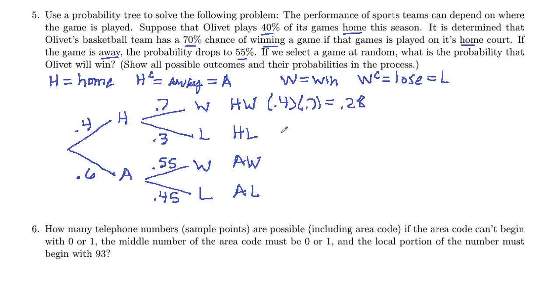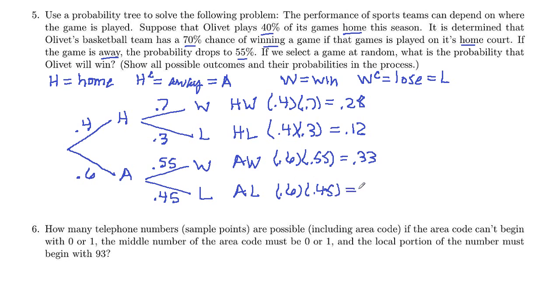Here 0.4 times 0.3 is 0.12. Then 0.6 times 0.55 is 0.33 to 2 decimal places, and then 0.6 times 0.45 is 0.27 to 2 decimal places.